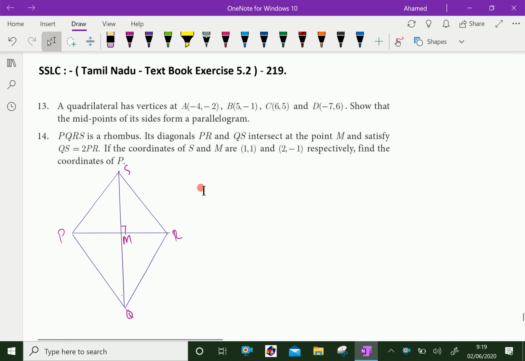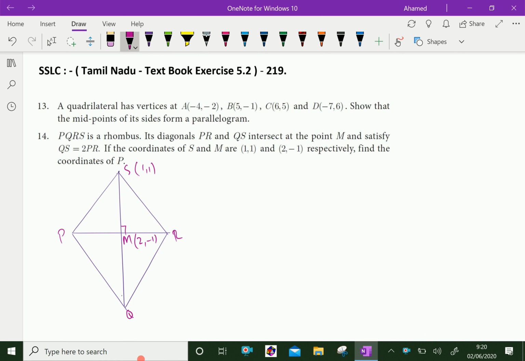If the coordinates of S and M are S is (1, 1) and M is (2, -1) respectively, find the coordinates of P.